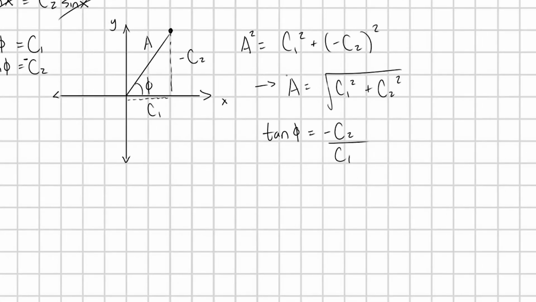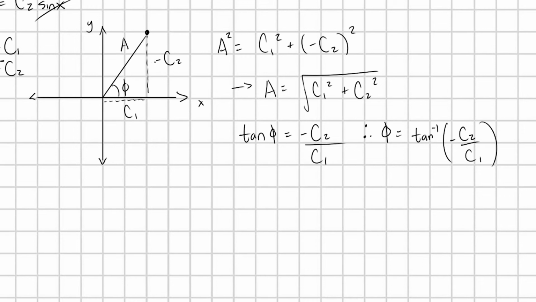And therefore, phi is equal to the inverse tangent of minus C2 over C1. And of course, you could go ahead and define this in terms of cotangent if you want, and take the adjacent over the hypotenuse, or whatever feels appropriate.